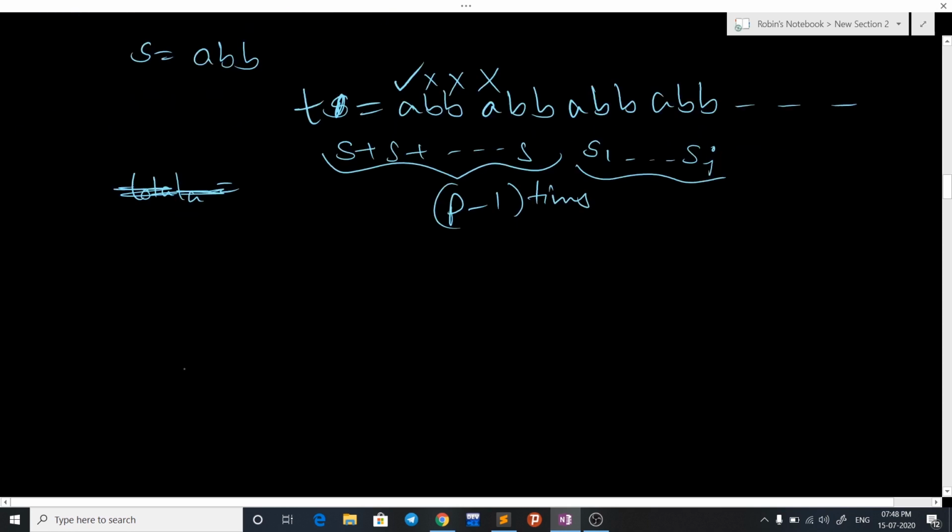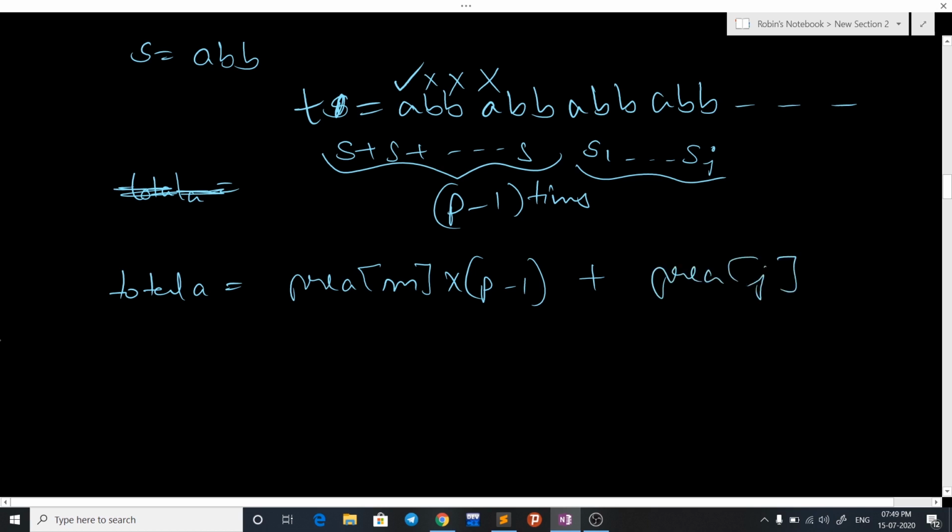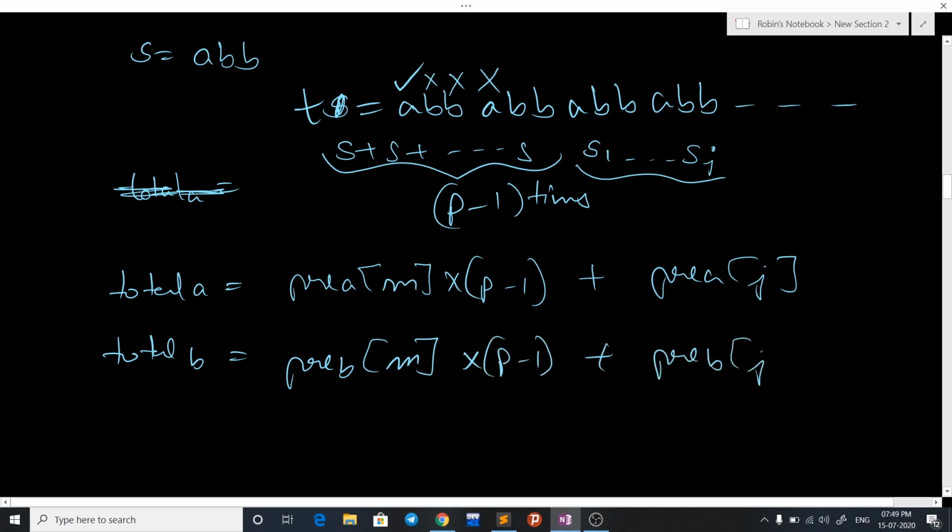So total a will be pre-a of m times p minus 1 plus pre-a of j, and total b will be pre-b of m times p minus 1 plus pre-b of j.